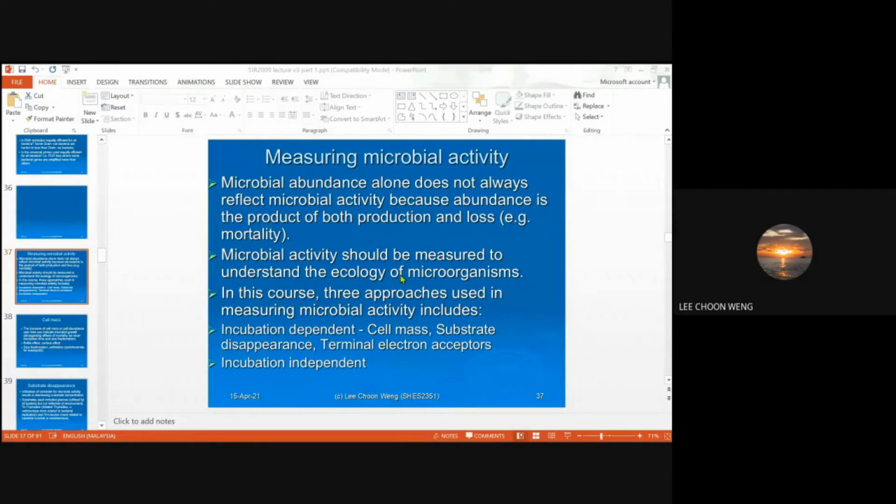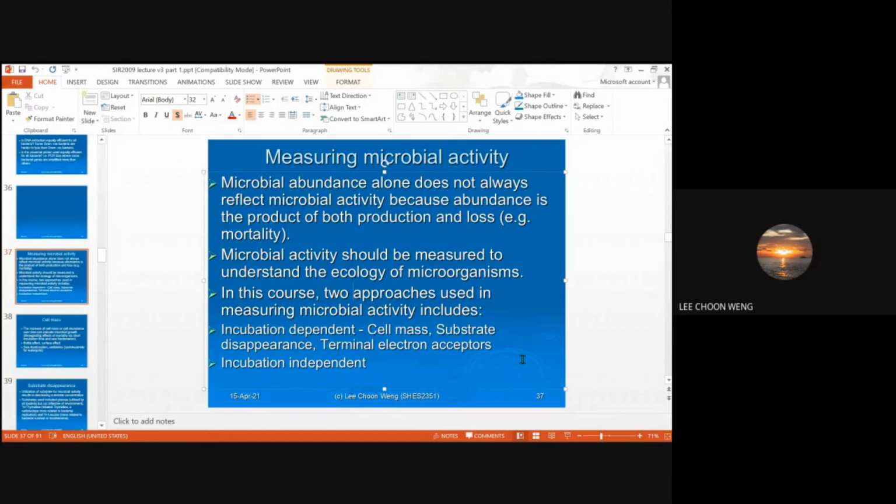Although an NGS approach utilizing extracted DNA will show the presence of these microbes, they are not active in the environment. Just because they are there, you see their presence, it doesn't mean they are active and whether they are contributing to the habitat.